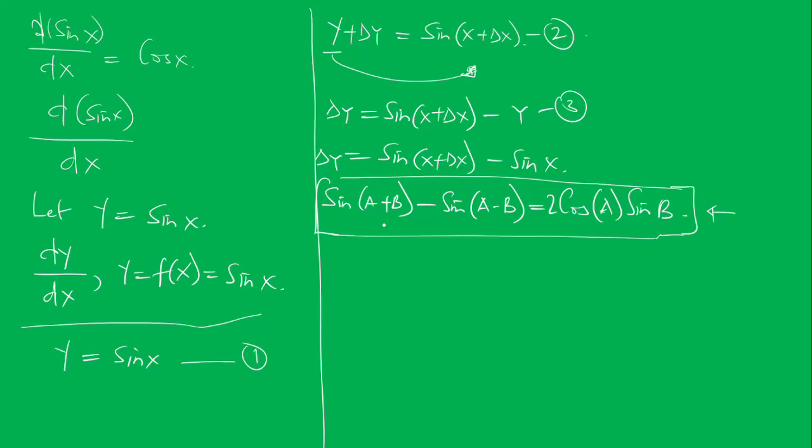So now let's continue. Since we have this, from this expression, a plus b is equal to x plus change in x, while a minus b is equal to x. Comparing this to this.